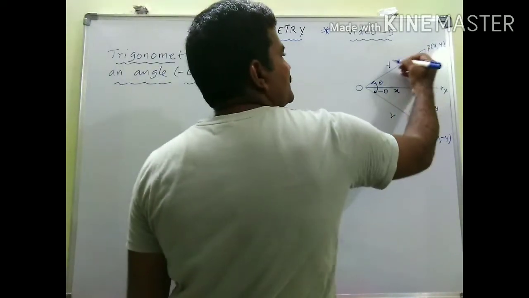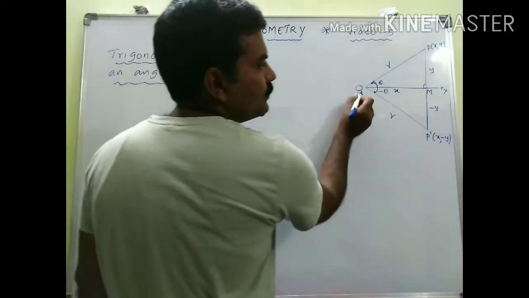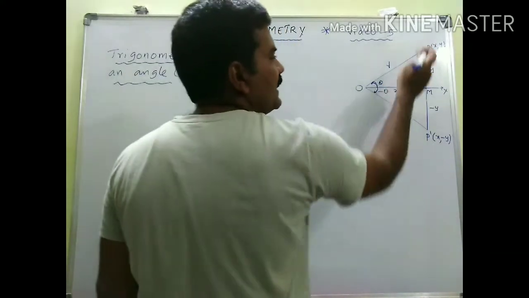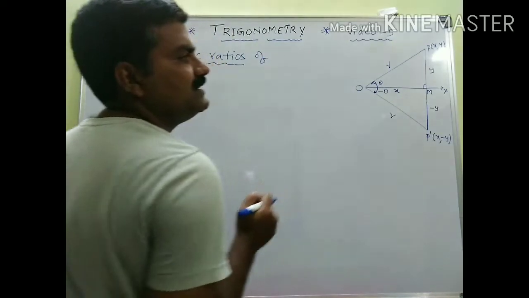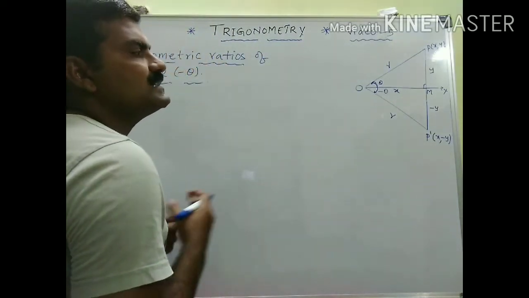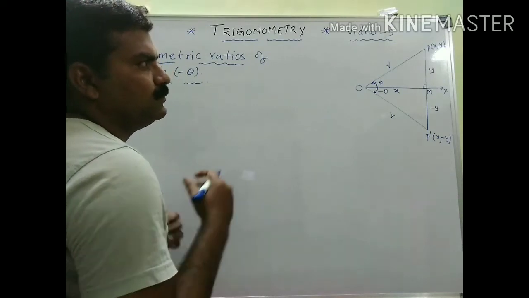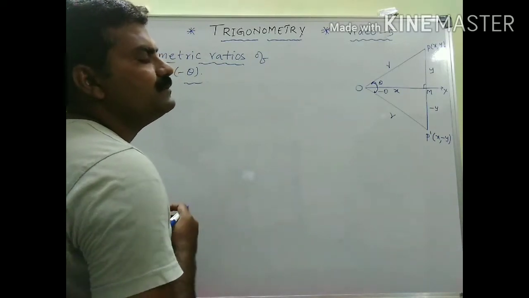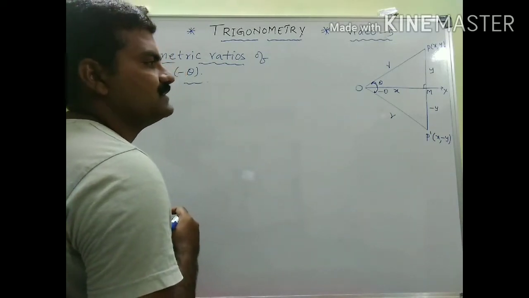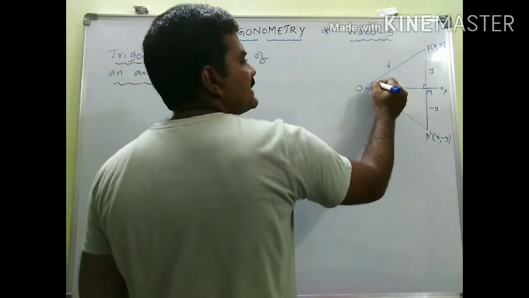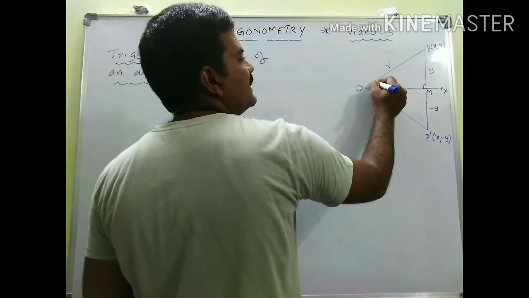OP is at a distance r and OP dash is also at a distance r, because P and P dash are images of each other. In the last classes we already discussed that both the point and its image are at the same distance from the x-axis.